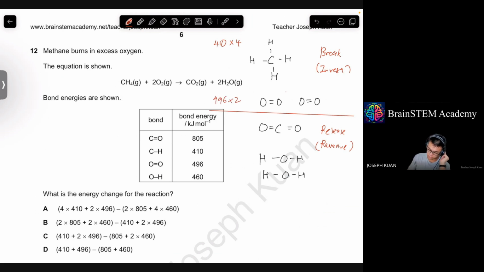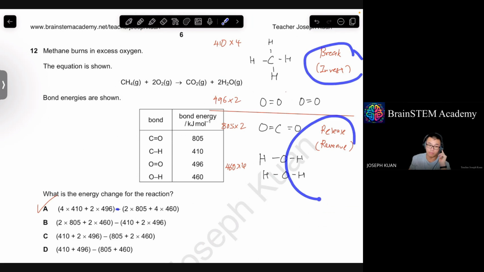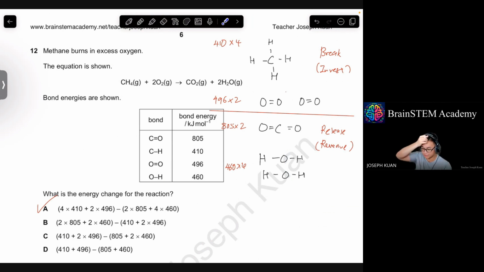The release part, it will be 805 times 2. And these 2 water molecules, it will be 460 times 4. So on first glance, it seems like the answer is A, which should be true. It's the bond breaking energy minus the energy released from bond formation. Yeah, question 12 is A.